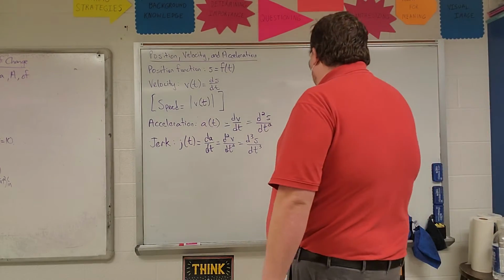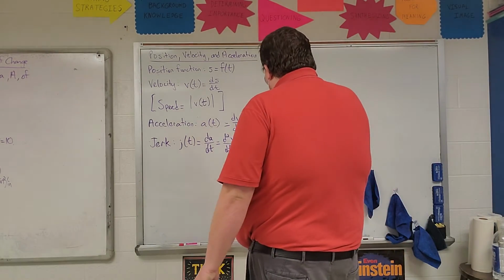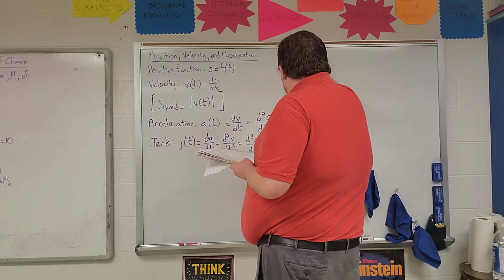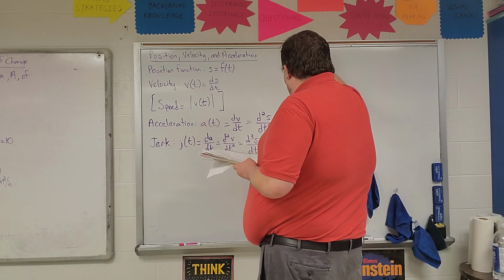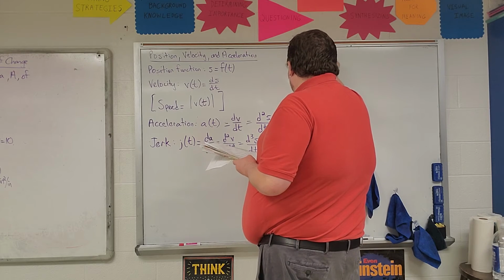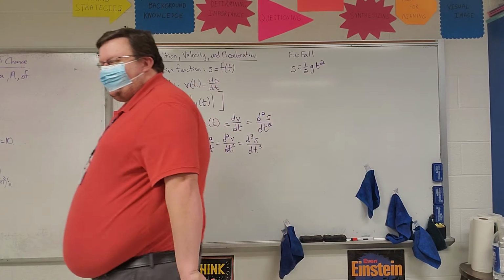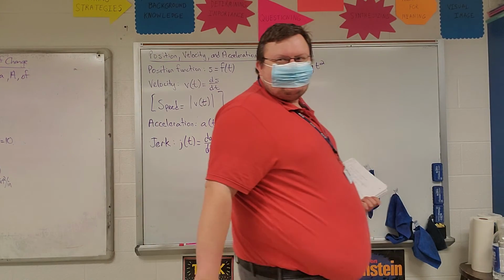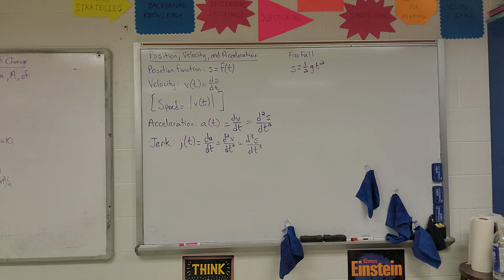Let's also recall, you may remember if you've had physics, an equation called the free fall: S equals 1/2 g t squared, where g is what? Gravity.